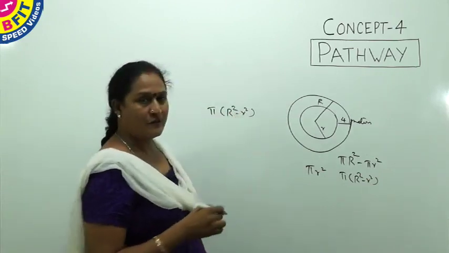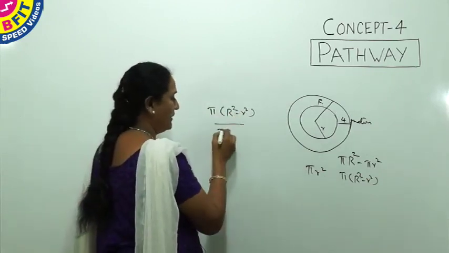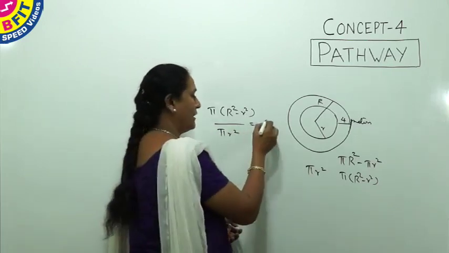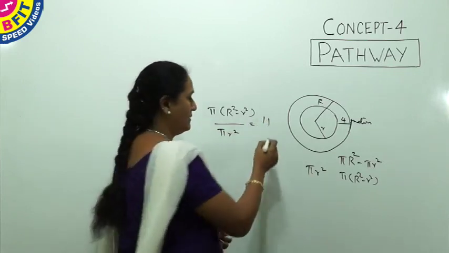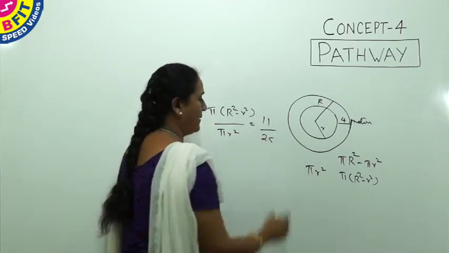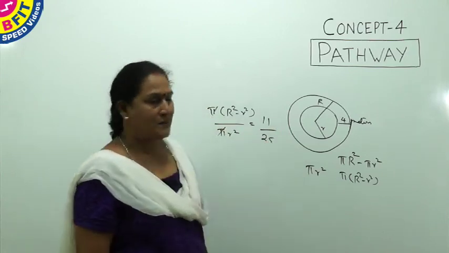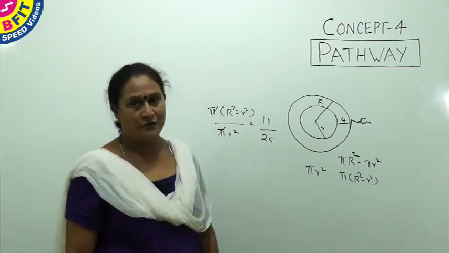And what is the area of the smaller circle, the area of the pool? It is pi r square. Now what is the detail given? The area of the path is 11 parts and the area of the pool is 25 parts. So here the pi gets cancelled. Multiplying and expanding, we can find the radius of the pool.